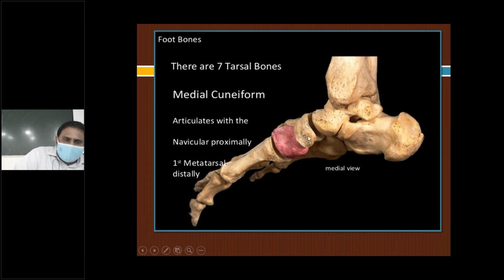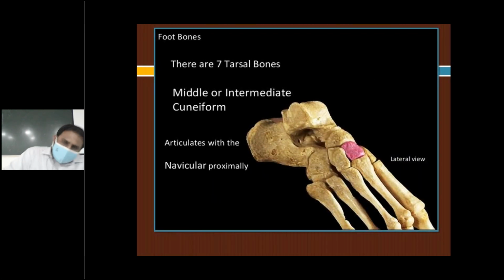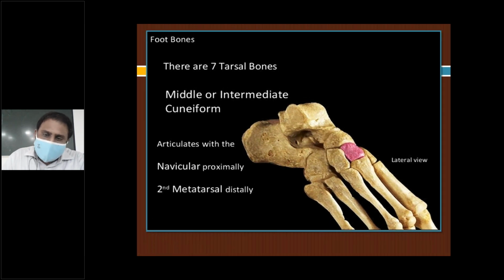Next, the intermediate cuneiform, which is the smallest cuneiform. It articulates with the navicular proximally and distally with the second metatarsal.